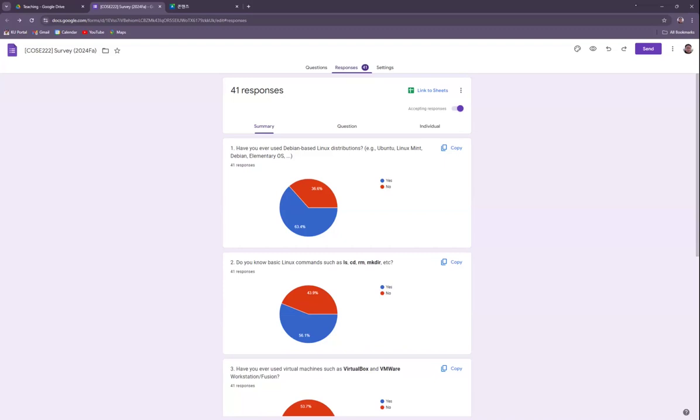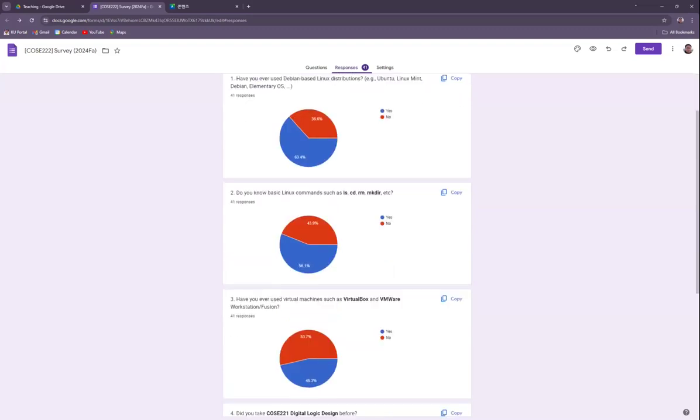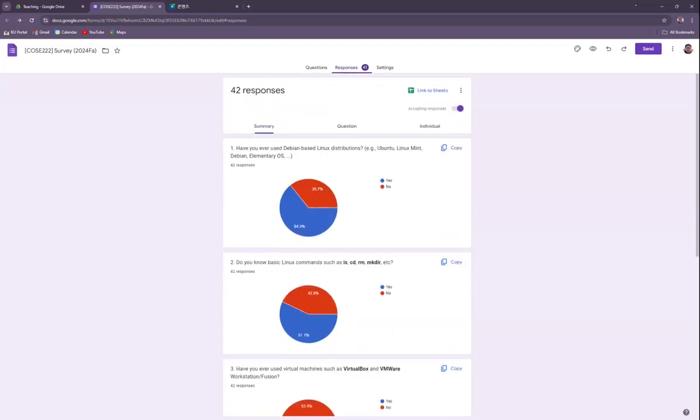In this course, 78 students registered. Around 41, I believe about 1/3 of students, are not familiar with Linux operating systems, SystemVerilog, and some tools such as virtual machines.